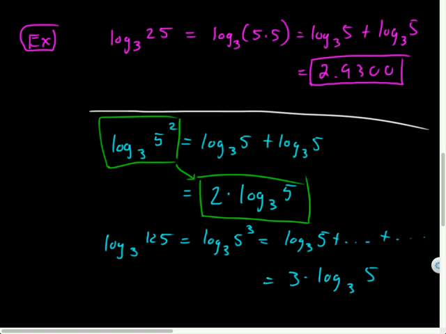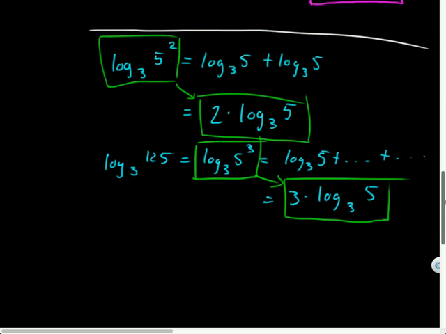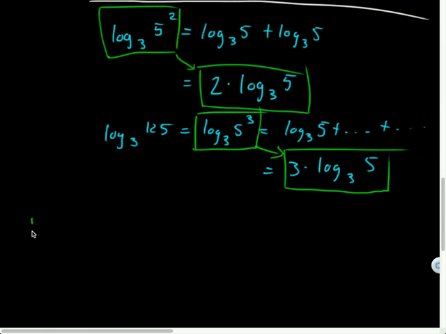So once again, it seems like it would establish the pattern. There's some relationship between this and this. So it doesn't seem to be a coincidence. So I would suspect that if I had log base 3 of 5 to the 20th, I could just rewrite that exponent of 20 as the coefficient. And that turns out to be the power property of logarithms that we've just discovered.